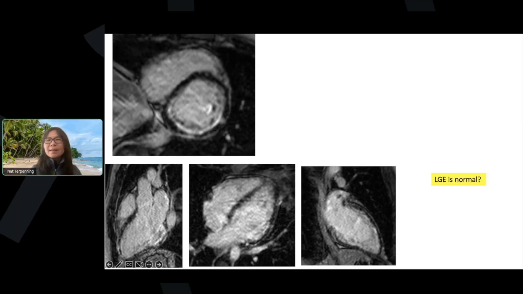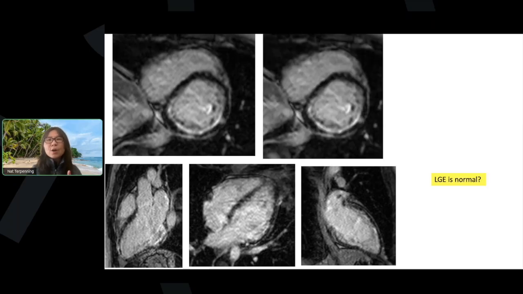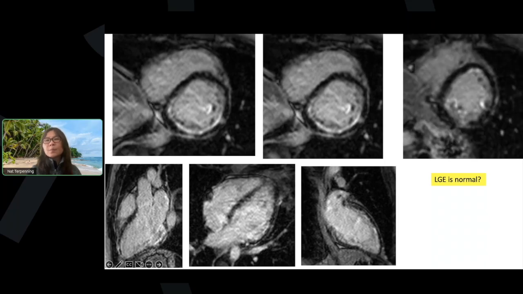Okay. Actually, is it normal or not? No, it's not normal because it has very extensive subendocardial enhancement in the basal to mid inferoseptal, inferior, and inferolateral wall here. And it's just a little bit here, like there.